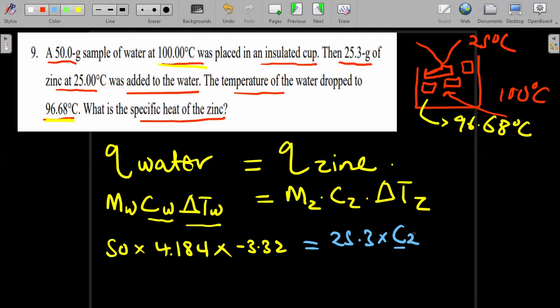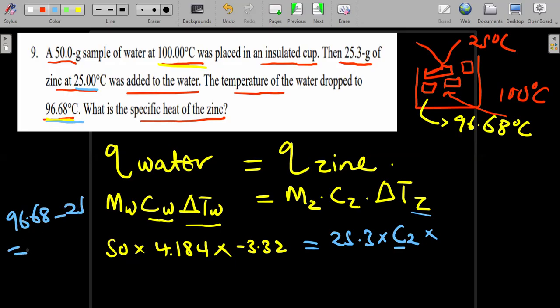And then multiplied by the change in temperature of the zinc. The initial temperature of the zinc here is 25, and then the final is 96.68. So the change in temperature will be 96.68 minus 25.